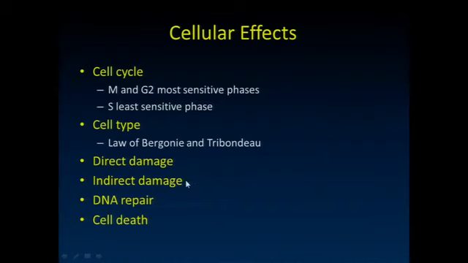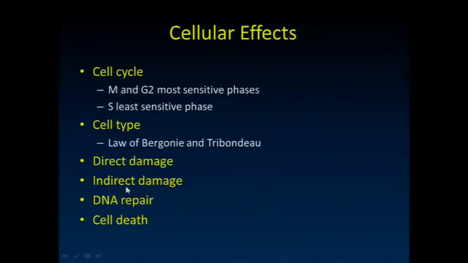But more commonly, the damage is indirect. We talked about the production of hydroxyl radicals, and a lot of the damage is mediated through that. Anytime any of us is irradiated, we have some of this damage occurring, and so we certainly don't all develop cancer. As a matter of fact, we're exposed to radiation on a daily basis, just sitting where we are, certainly when we step out into the sun.